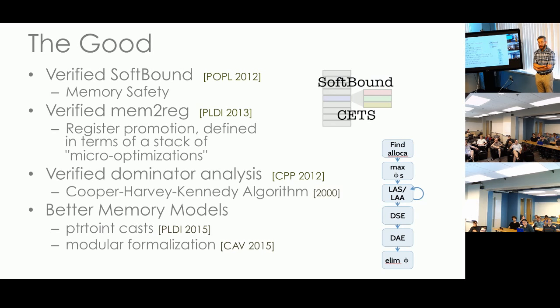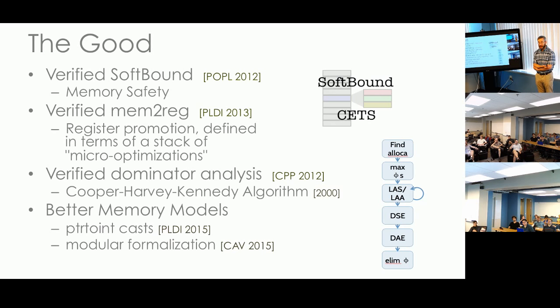LLVM itself has a notion of a static semantics about what LLVM programs are well-formed. That has to do with the shape of these graphs and which variables are in scope. And we observed that you could generalize the standard kind of safety properties to prove other interesting safety properties for things like the memory safety proofs.